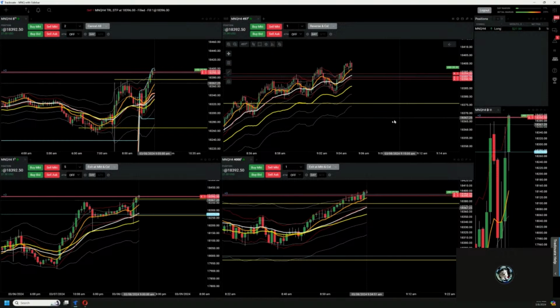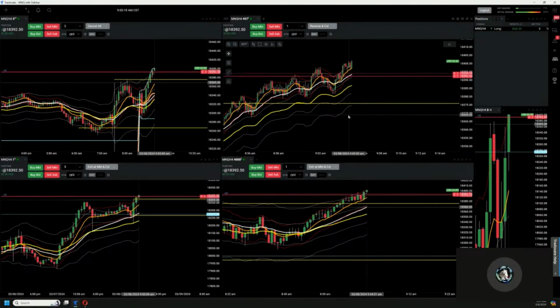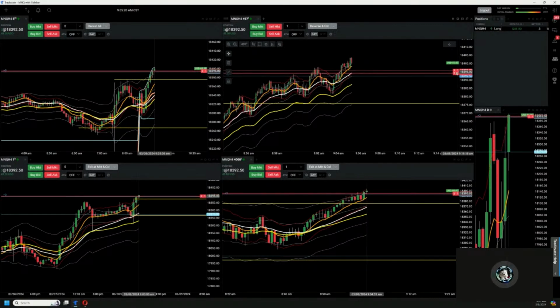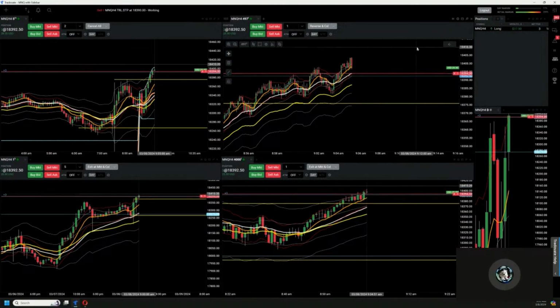Stop filled. I'm putting my stops pretty close because we are at all-time high. So we could see just a pullback here, but there we go. We got some volatility that showed maybe some kind of action is going to happen here on the downside.